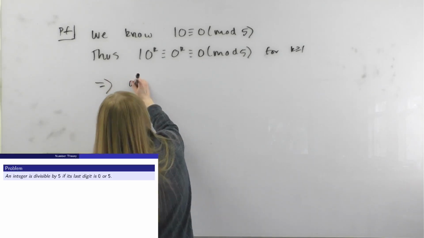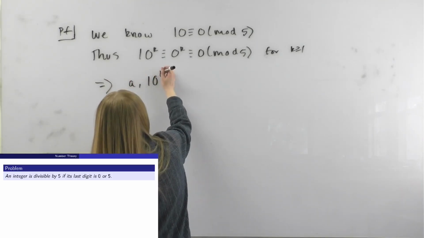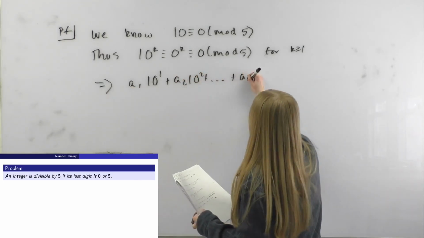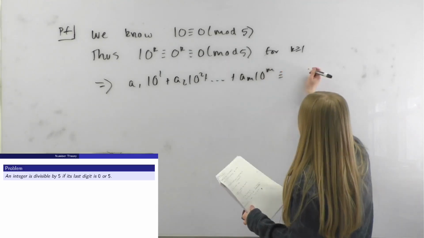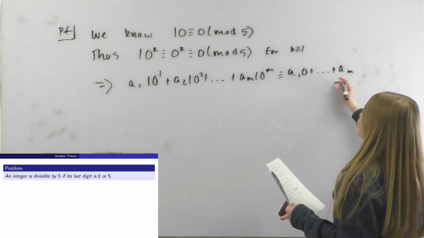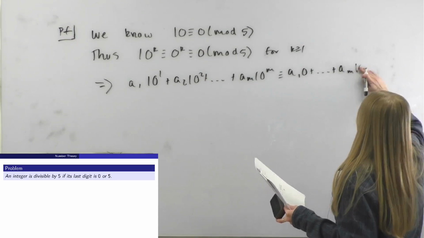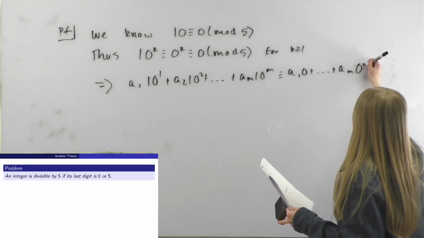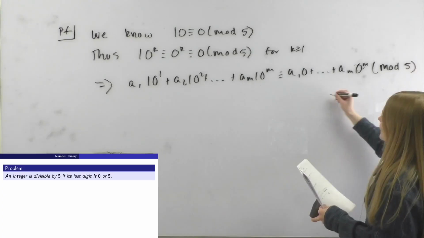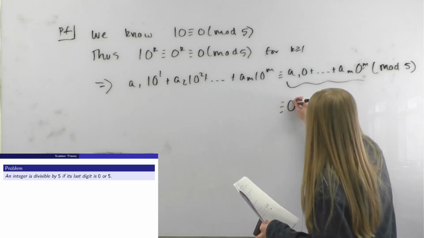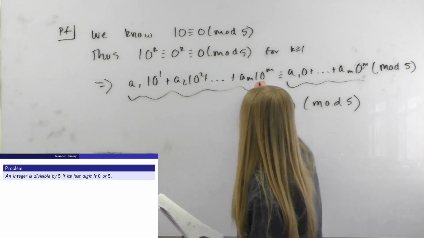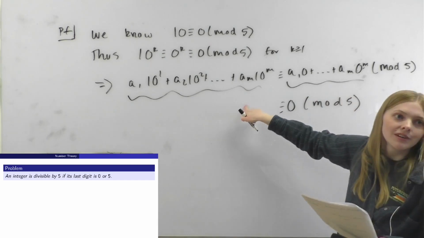So then we get a1 times 10 to the 1 plus a2 times 10 squared plus dot dot dot plus am times 10 to the m is congruent to a1 times 0 plus a2 times 0 plus dot dot dot plus am times 0 mod 5. This is just 0 mod 5. And then what do we need to make this into a base 10 number?